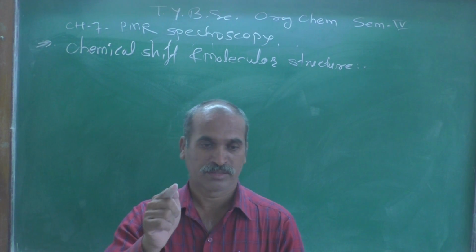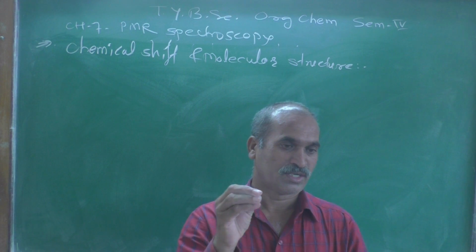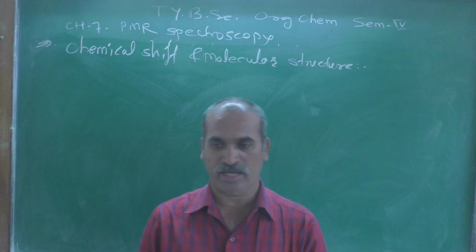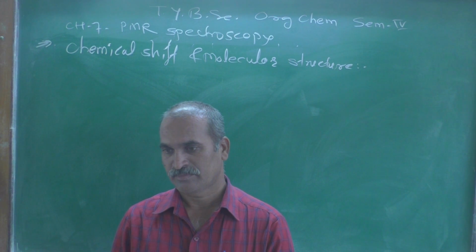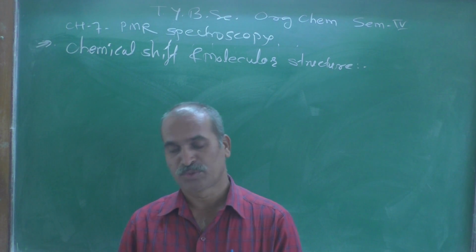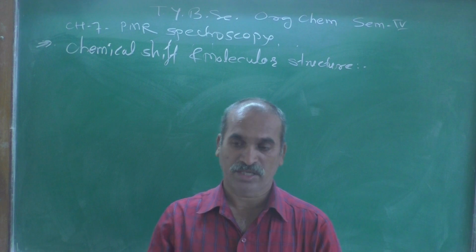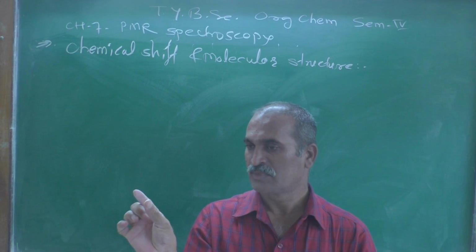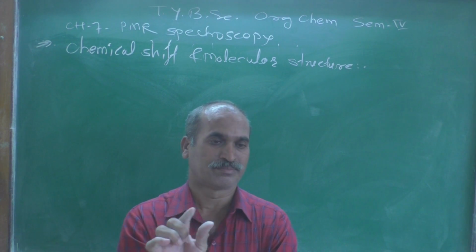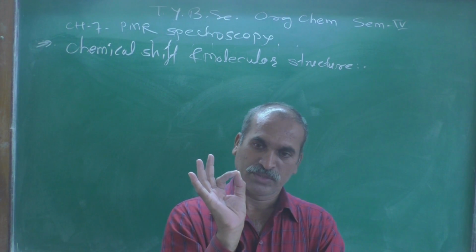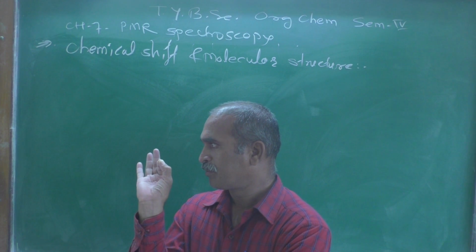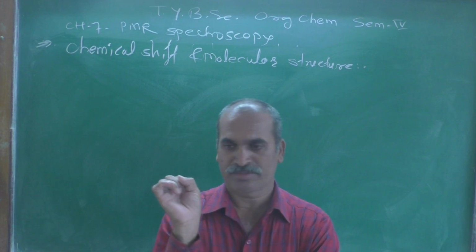If there is a plus or minus 100 per centimeter value there, we can definitely come to know that there is a carbonyl group, because by the shape of that carbonyl group in the IR spectrum, it is very broad and intense.